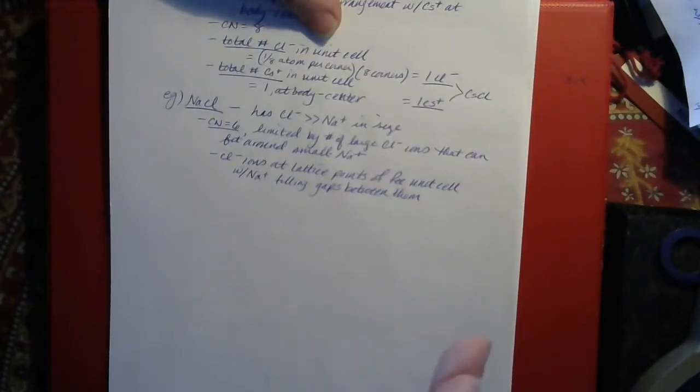Which actually, the sodium ions themselves are in a face-centered cubic pattern if you look at them, and the chloride ions would be filling the spaces between.